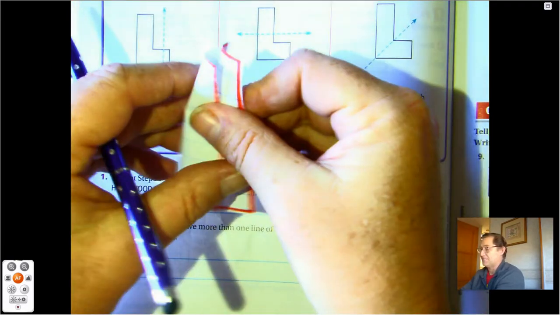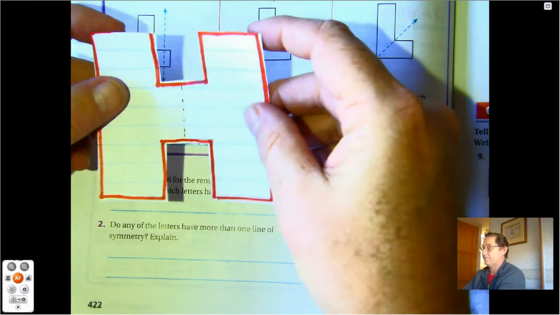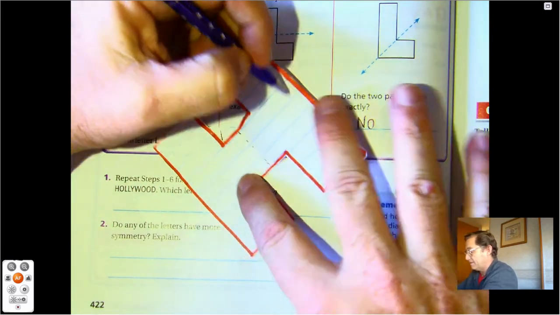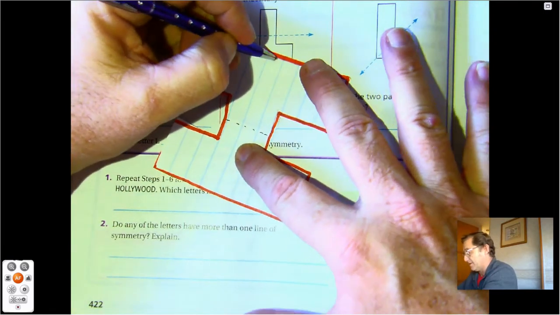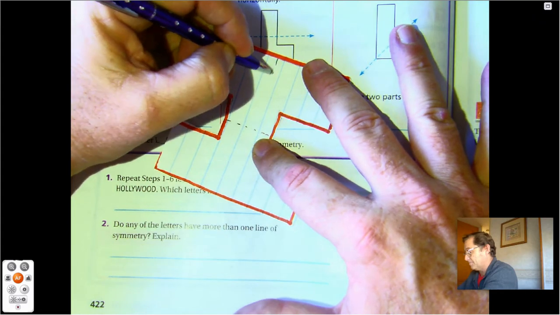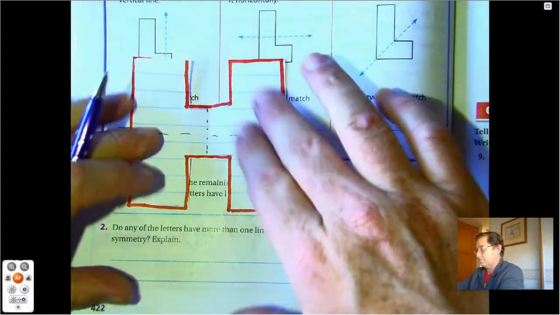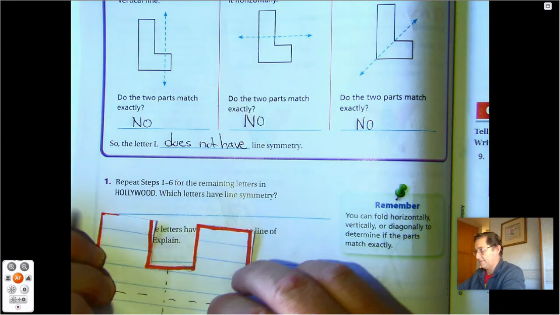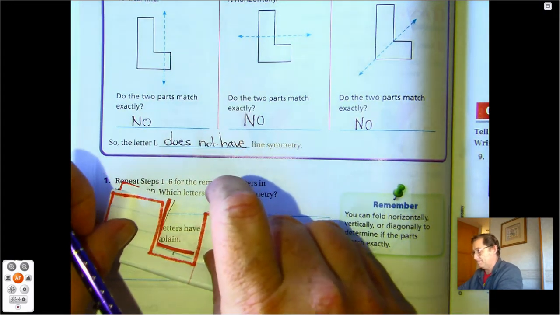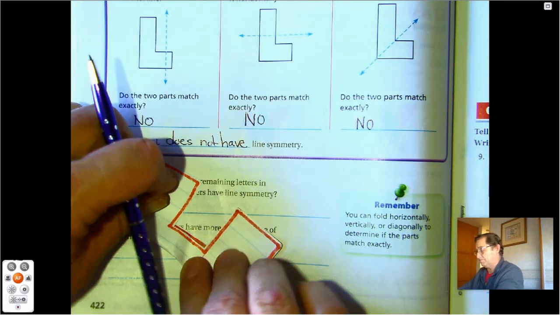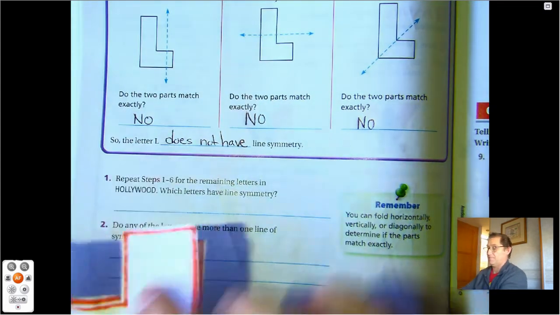So letter H has vertical symmetry. Does it have horizontal symmetry? Okay, if I fold it horizontally, it matches up.